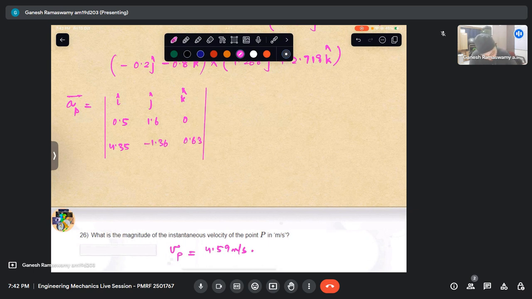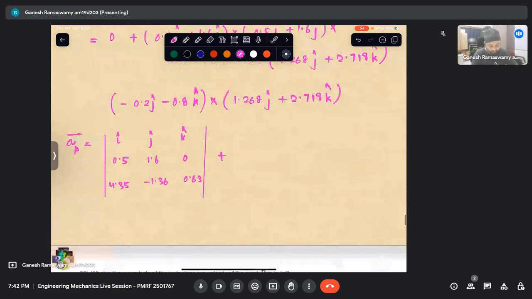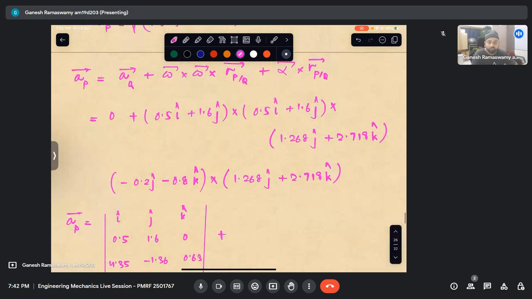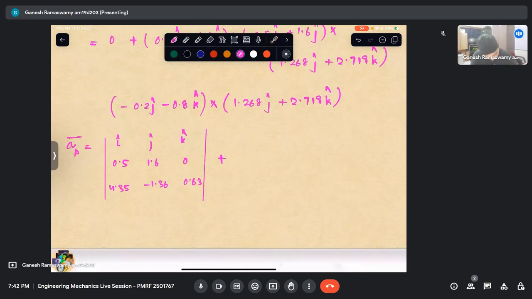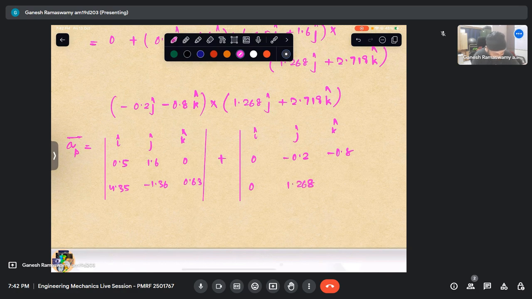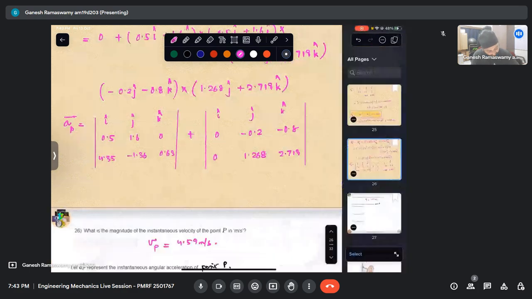Then I need to account for the tangential acceleration component, which is the cross product of these two vectors. So let us write that: i, j, k crossed with 0, minus 0.2, minus 0.8, and then 0, 1.268, 2.719. I just need to open this out and do the cross multiplication.